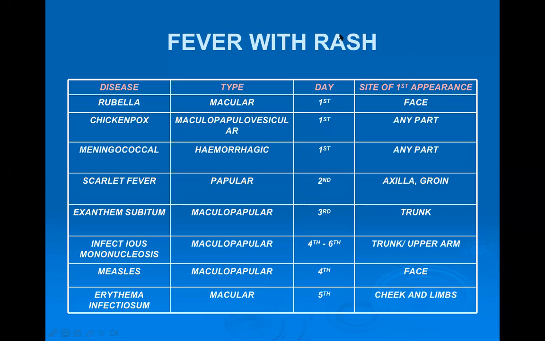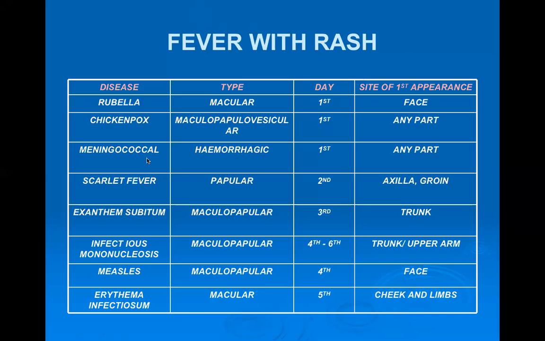So I was talking about the different causes of fever with rash in children. This is a very important question from the exam point of view. I was explaining meningococcal septicemia as a cause of fever with rash. The types of rashes here are hemorrhagic and necrotic. This is a very serious disease.